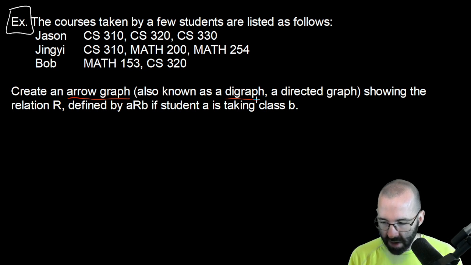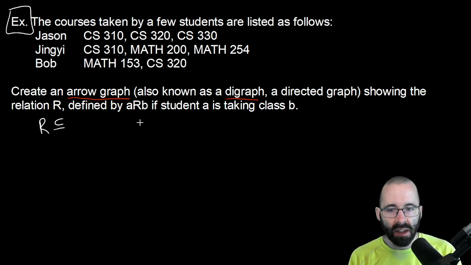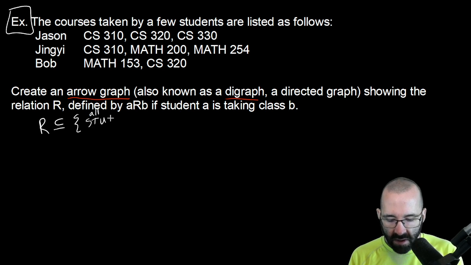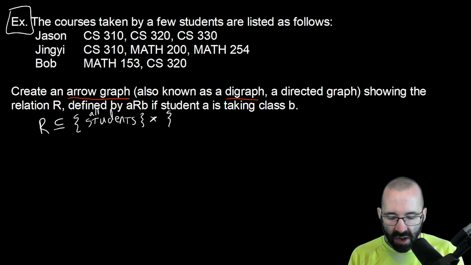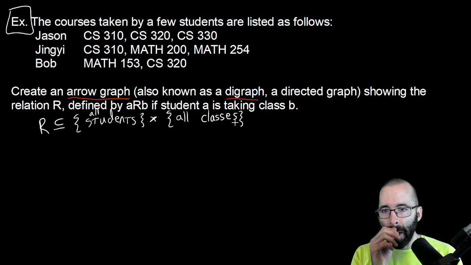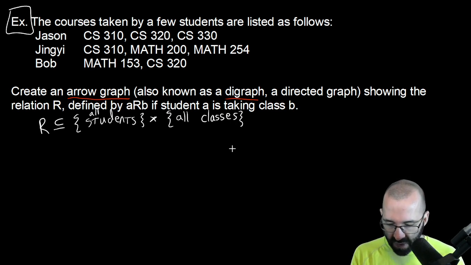So R is going to be a subset of A cross B, the set of all students Cartesian product with the set of all classes. And we're going to create an arrow graph to show this.